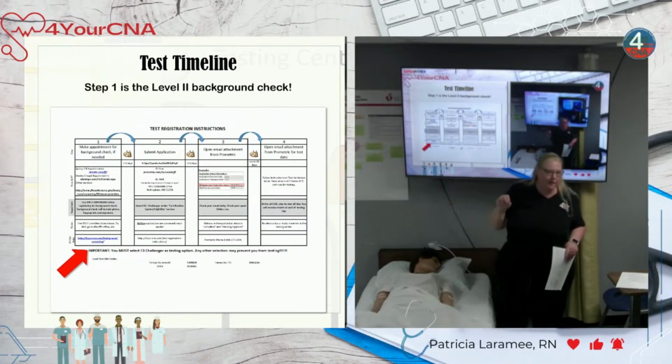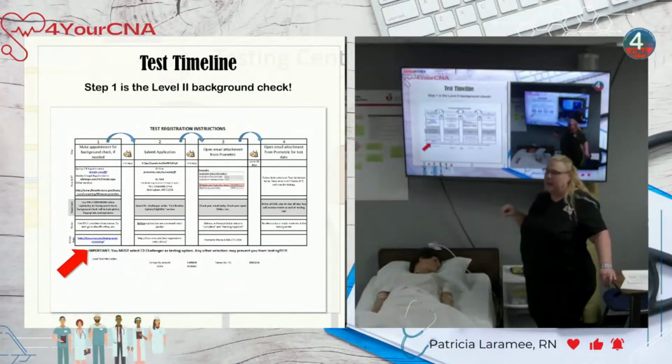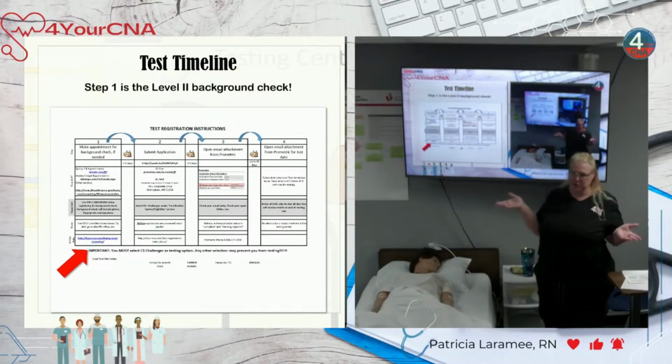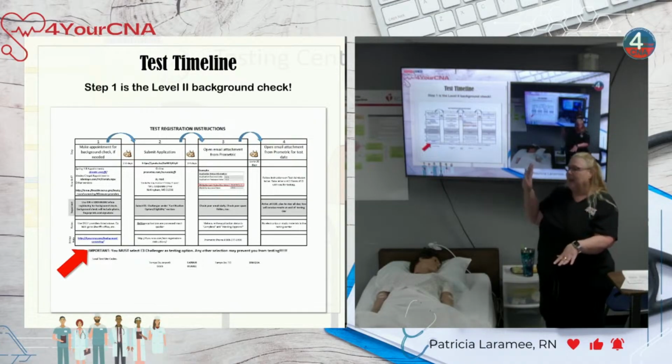So if we fill this registration packet out today in class, and we do our background check, and then 2 to 3 days later, we register for the test, you should be testing about a week or 2 after graduation. So my suggestion is, if your funds allow for it, register for the background check today, go take it tomorrow, register for the test on Friday, and you should be testing about a week or 2 after graduation.